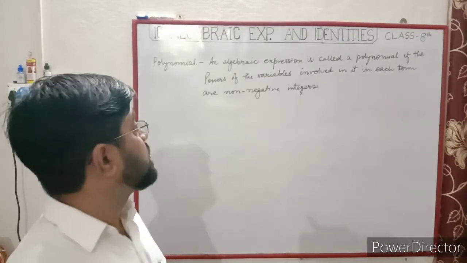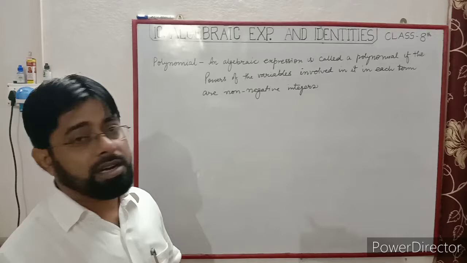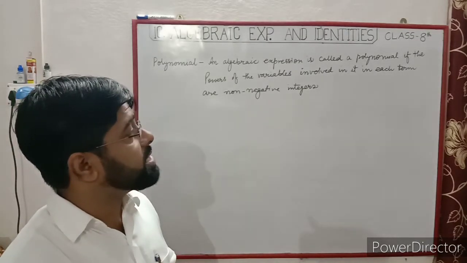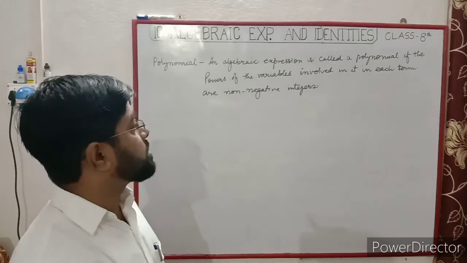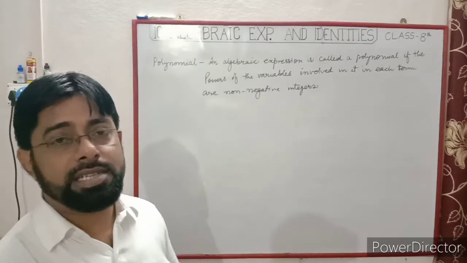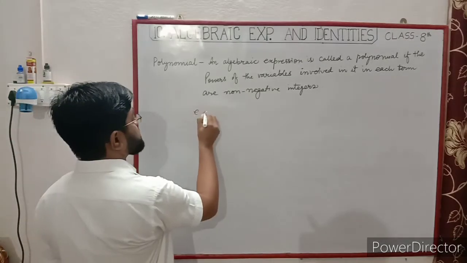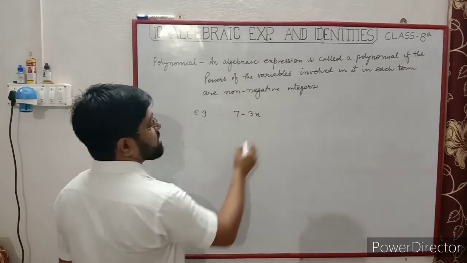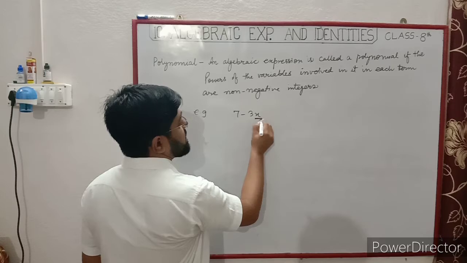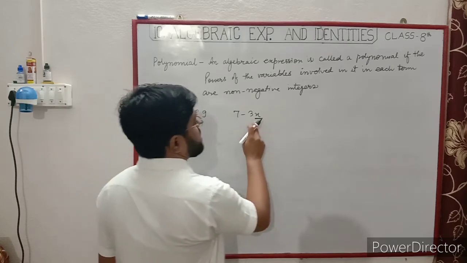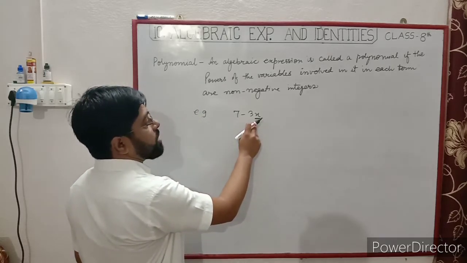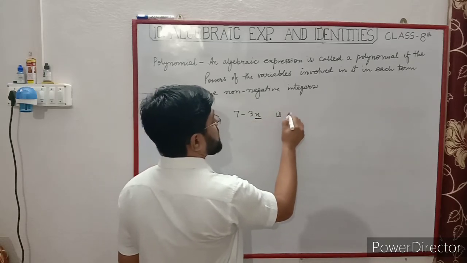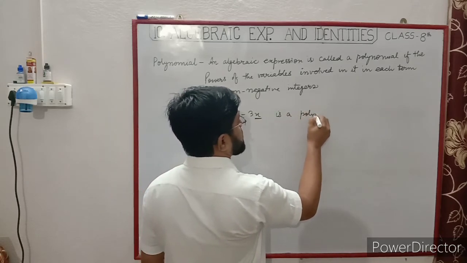Now, polynomial. An algebraic expression is called a polynomial if the powers of the variables involved in each term are non-negative integers. Let's see the example. 7 minus 3x, here variable is x and the power of the literal is non-negative integer, so 7 minus 3x is a polynomial.